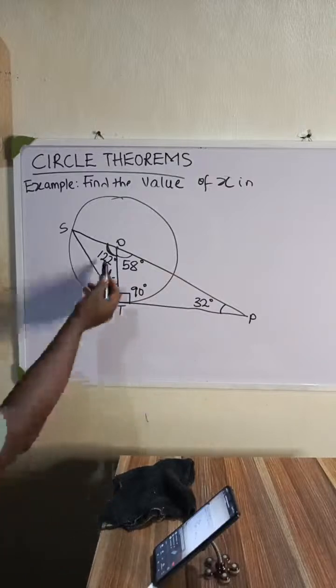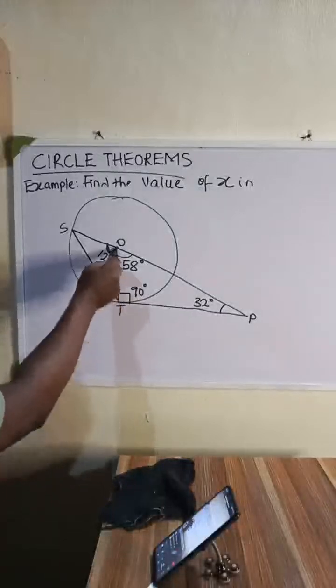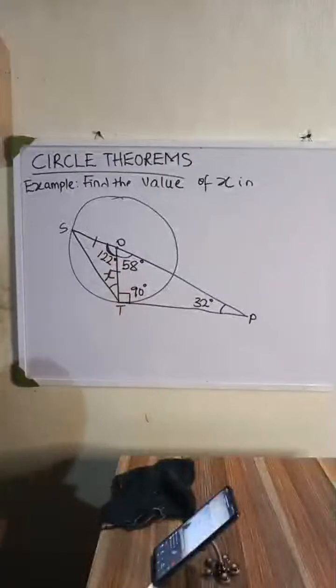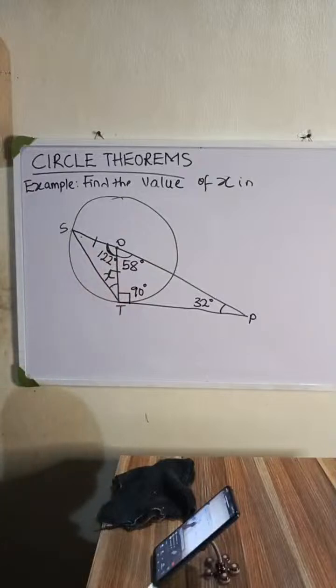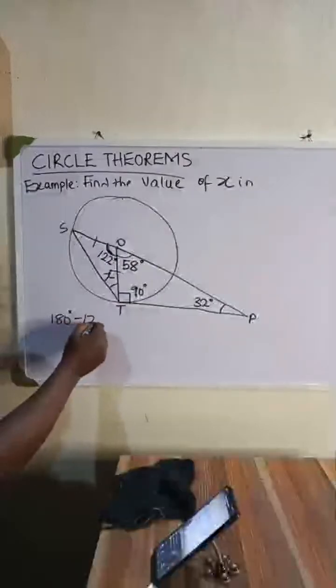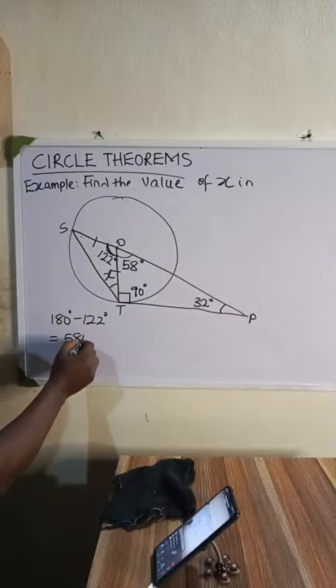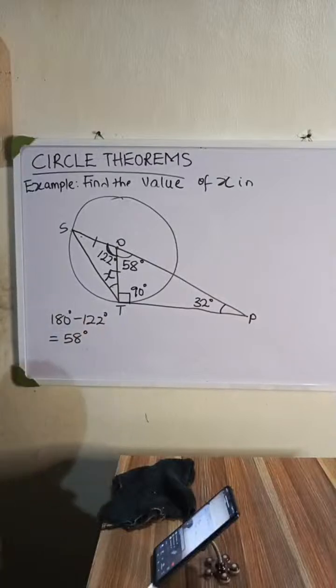Okay, so if here is 122, remember this side and this side are equal. So since they are equal, these two angles are equal. So we have 180 degrees minus 122 degrees, which gives us 58 degrees. But that's not the answer.